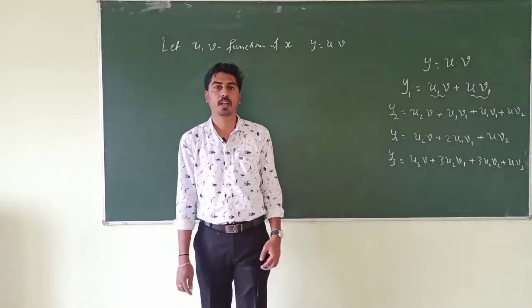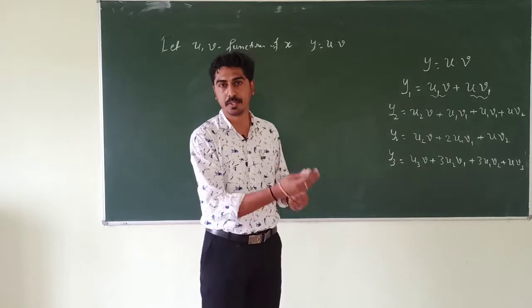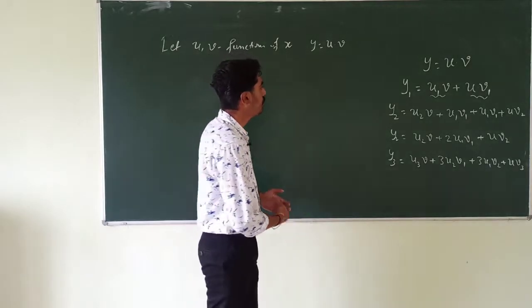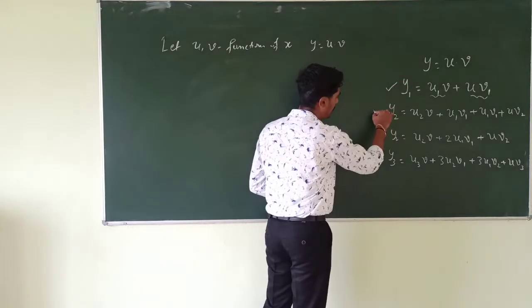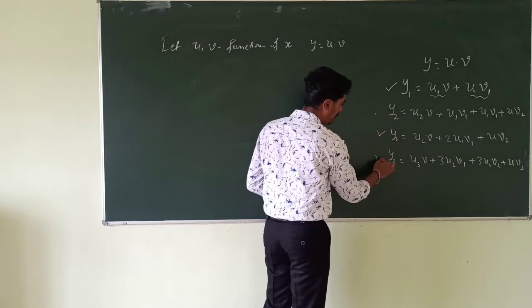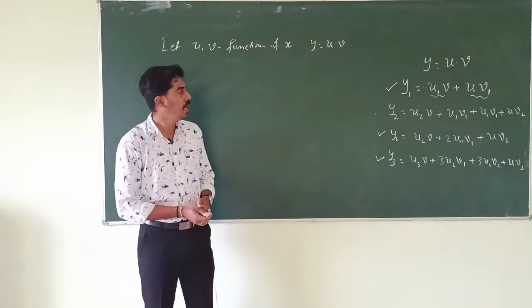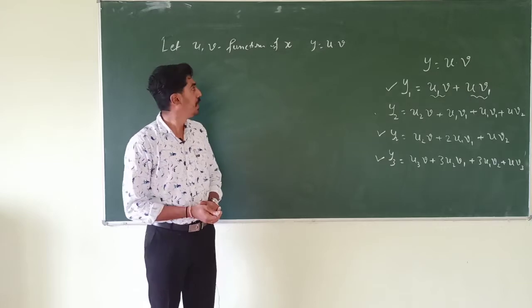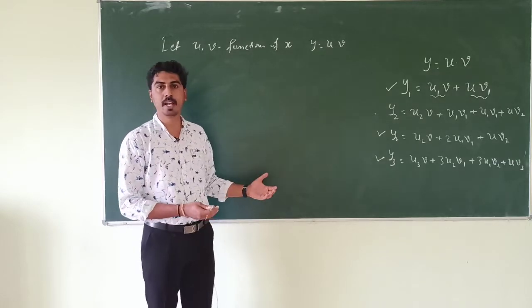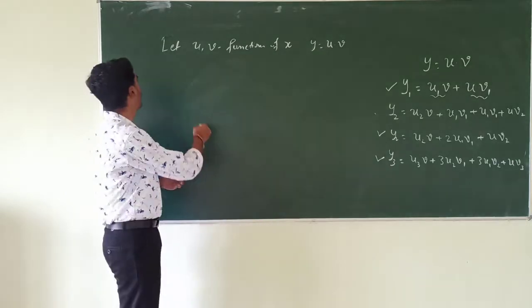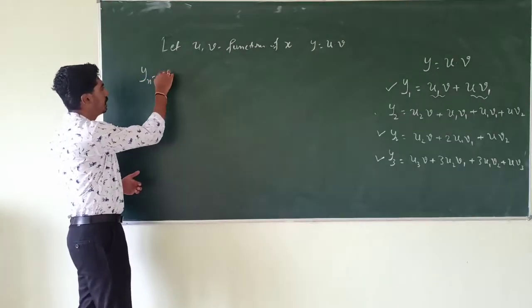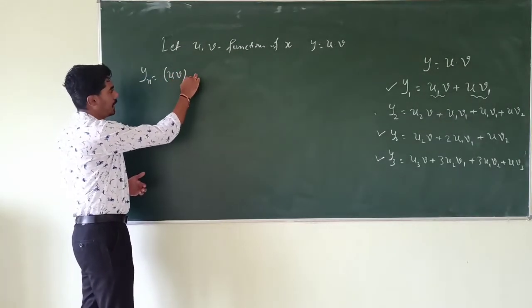We can continue like this. So here I have the first derivative, second derivative and the third derivative. Observing this pattern, I try to write the nth derivative, yn or uv of n.